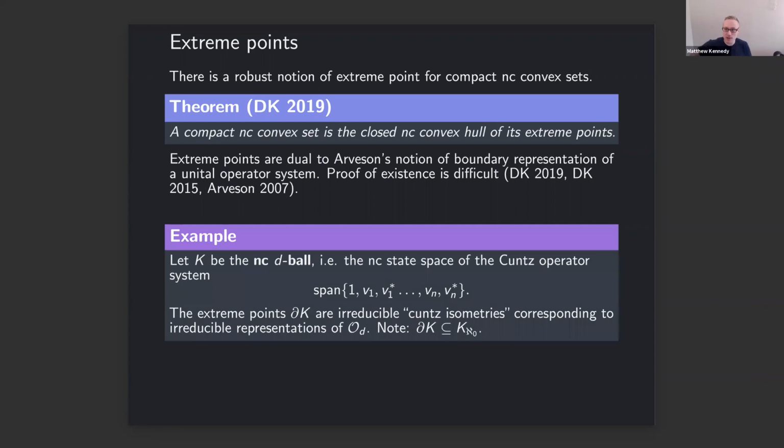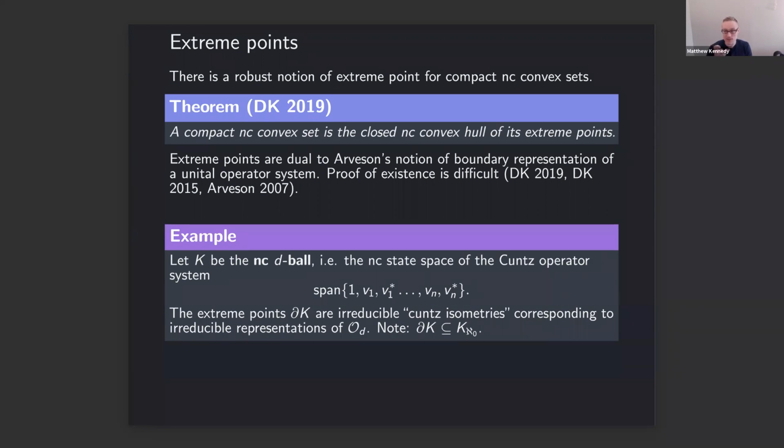If we go back to this non-commutative D-ball that I mentioned earlier, remember this is the NC state space of this Cuntz operator system. It turns out that the extreme points of this set K are the irreducible Cuntz isometries, in the sense that they're isometries satisfying the Cuntz relations for the Cuntz algebra.